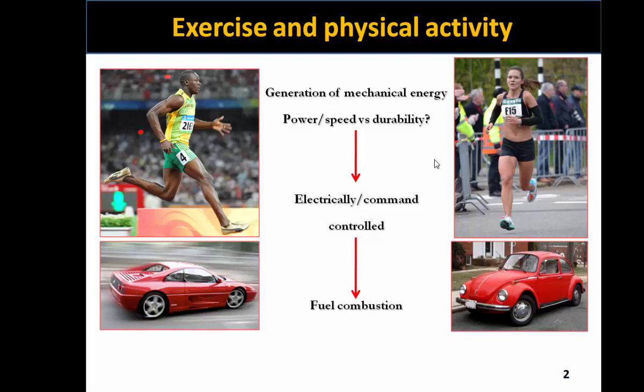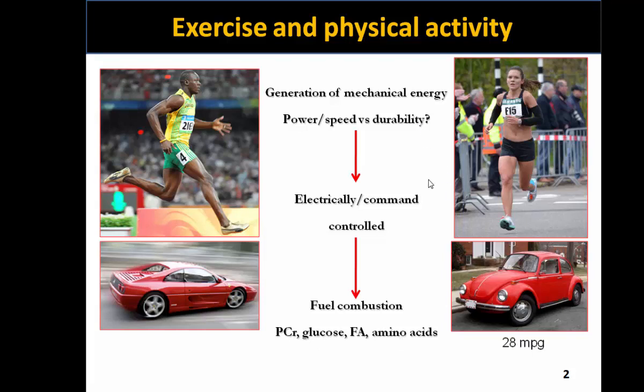The one other feature that's common to all four of these photos is that in order to carry out the generation of mechanical energy, fuel combustion is necessary. Now, unlike the vehicles here on the left and right hand side, which can only use one type of fuel, as humans, we have the option of selecting from a range of different fuels to drive that mechanical energy.